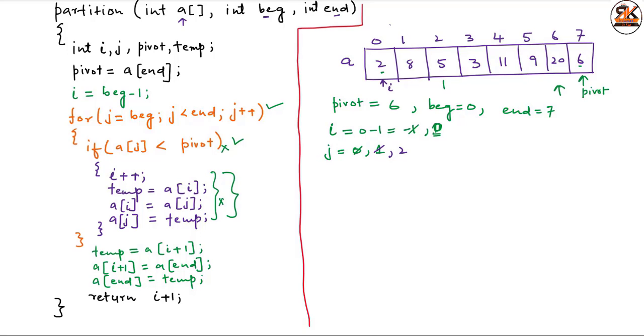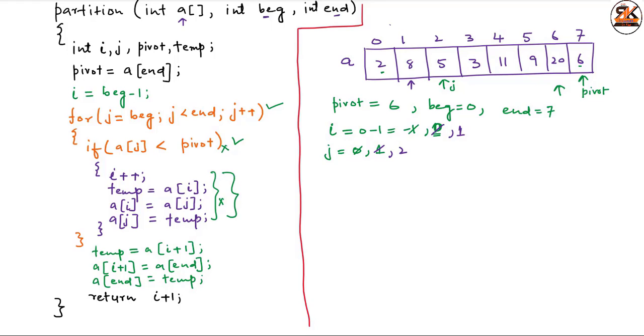Then we see if a of j is less than pivot. If 5 is less than 6, yes, it is true, then we have to increment i. i will become 1, and here i will also be incremented.